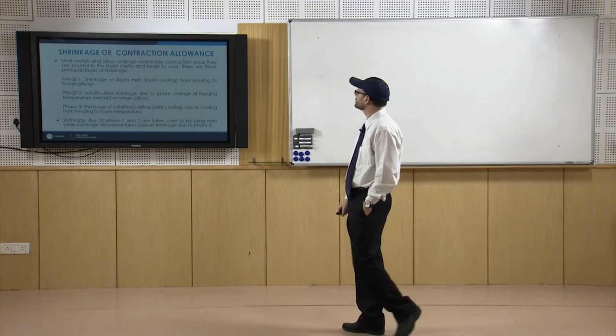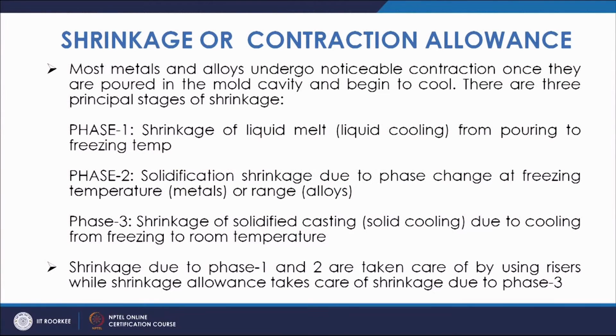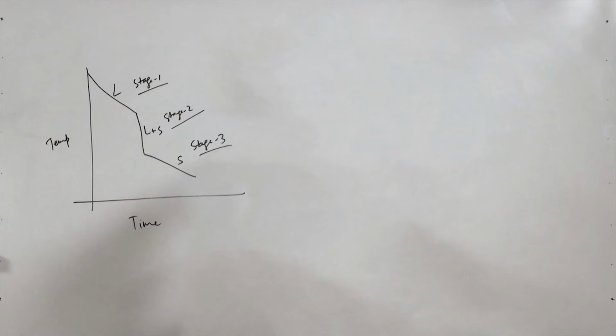First of all, shrinkage or contraction allowance. We have seen the solidification process. In the solidification process we have seen that once the metal goes into the cavity, if it is an alloy, it goes through 3 stages. This is liquid plus solid, and this is solid stage.